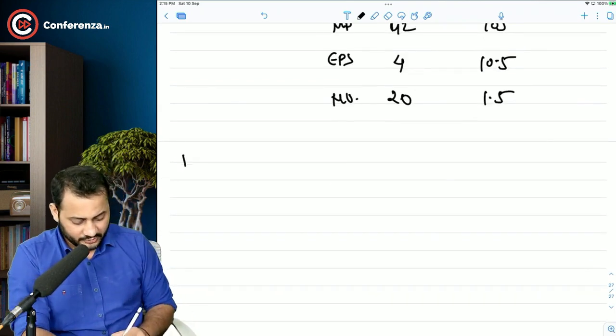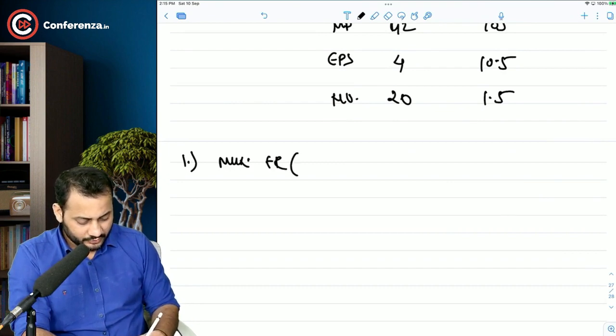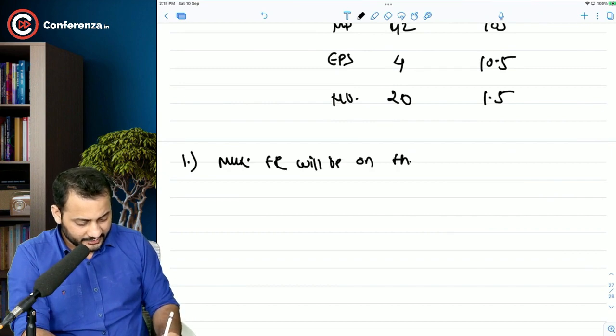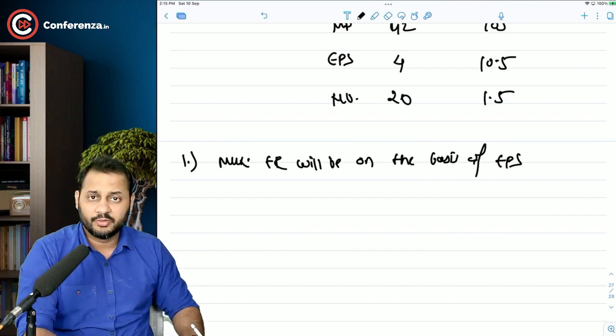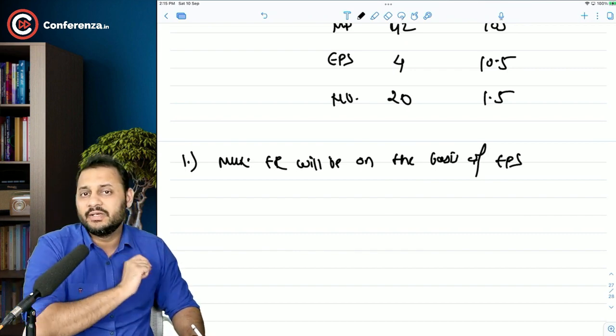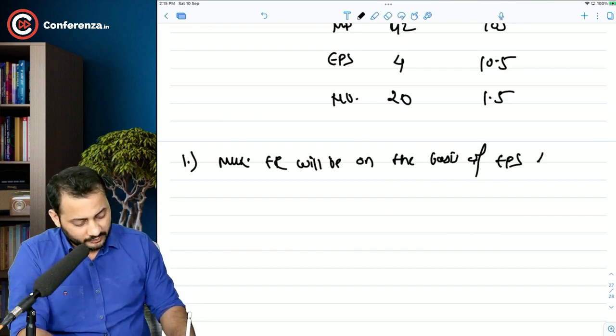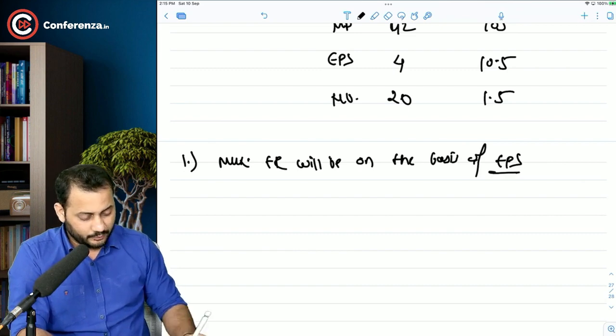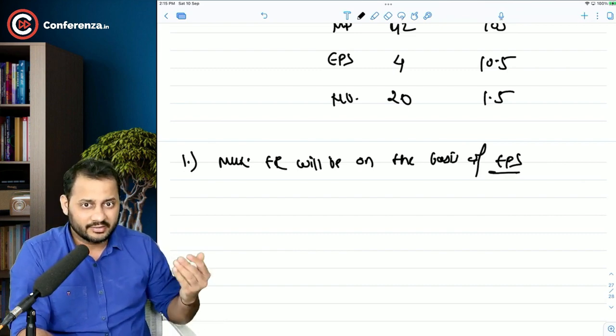Now the very first question, maximum exchange ratio, will be on the basis of EPS because we want to keep the current EPS constant. So it will be target EPS, which is a positive factor, higher the better.